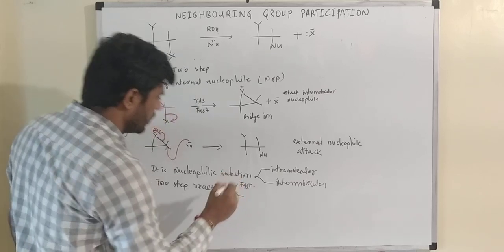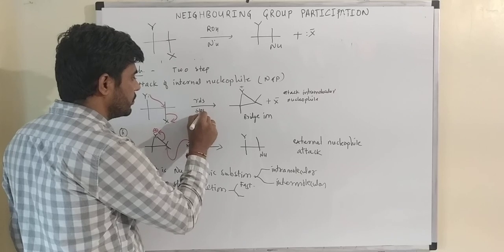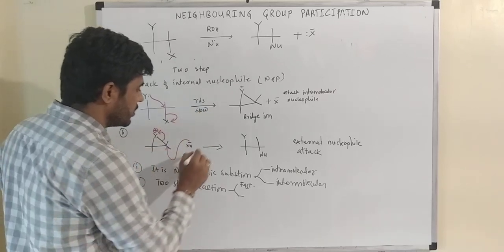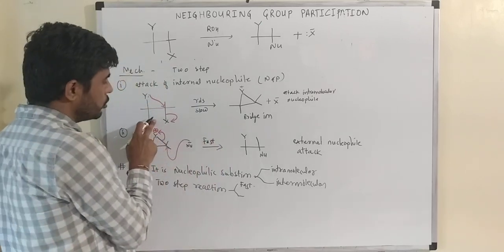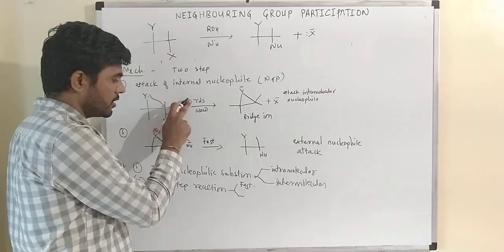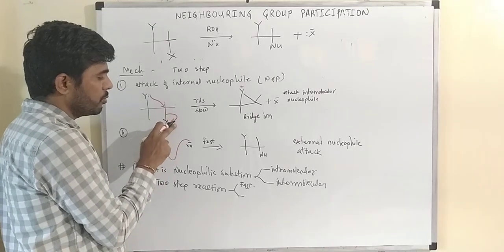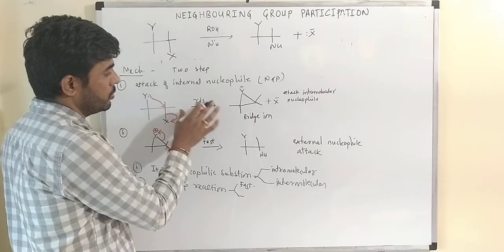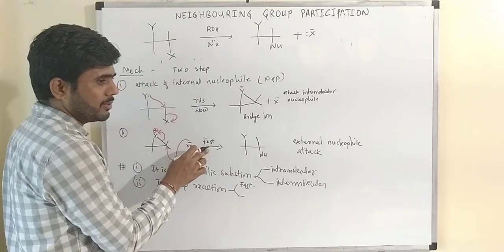The first step is a slow step and the second step is a fast step, because the slow step always determines the rate of reaction. The leaving group departs in the slow step, that's why it is the RDS. Now the attack of the nucleophile in the second step is a fast step.